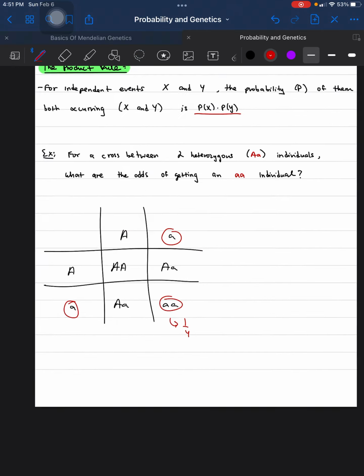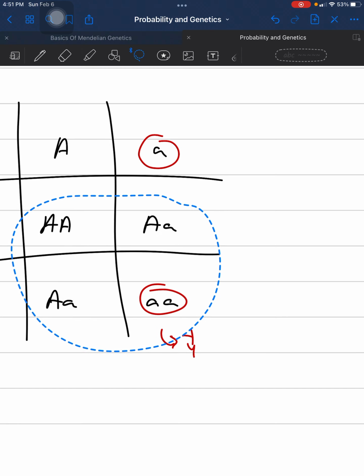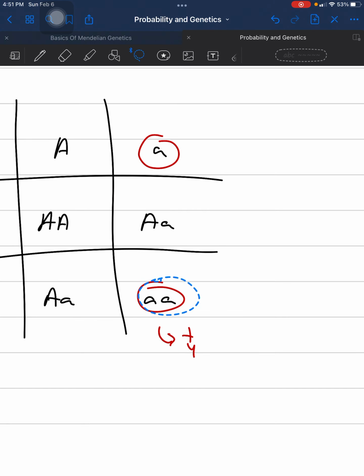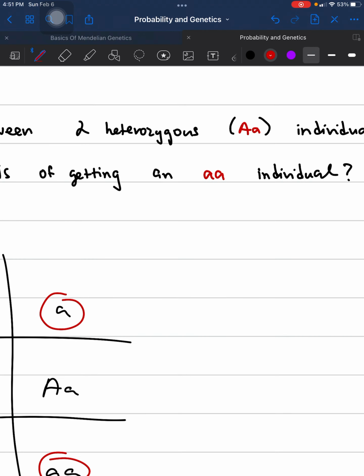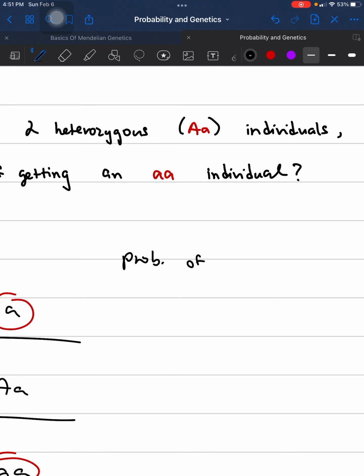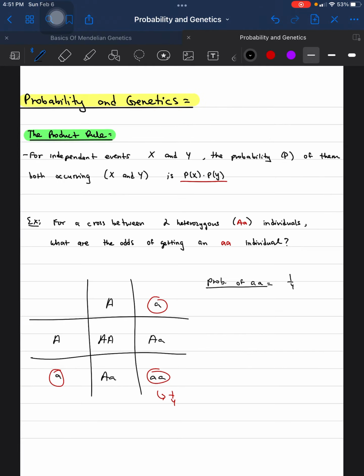If we look at just the offspring, we see that there's only one homozygous recessive individual, so it's 1 out of 4. So the probability of aa is 1 out of 4.